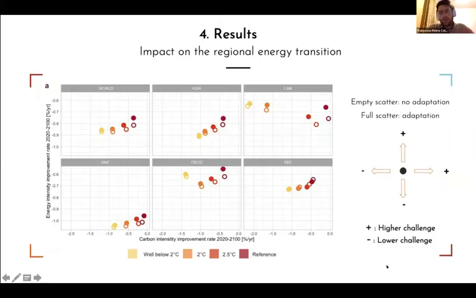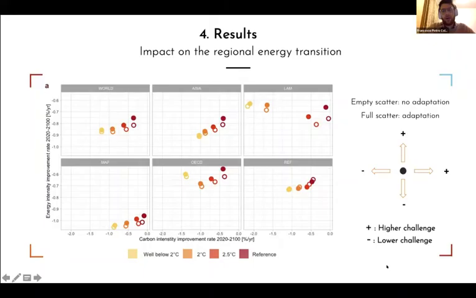So when the scatter shifts upward or rightward, it means that we have a higher challenge in terms of either the energy intensity or the carbon intensity, so that the improvement rate diminishes on average in the course of the century.